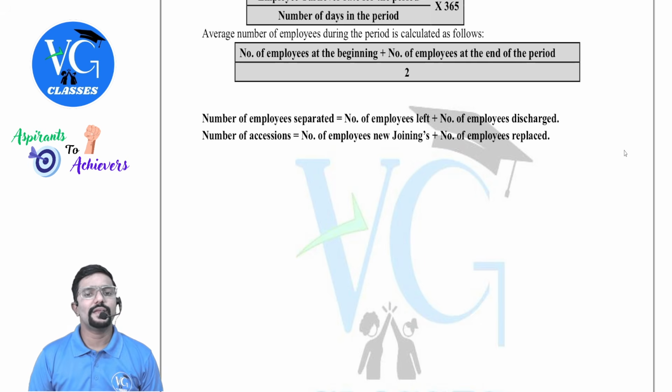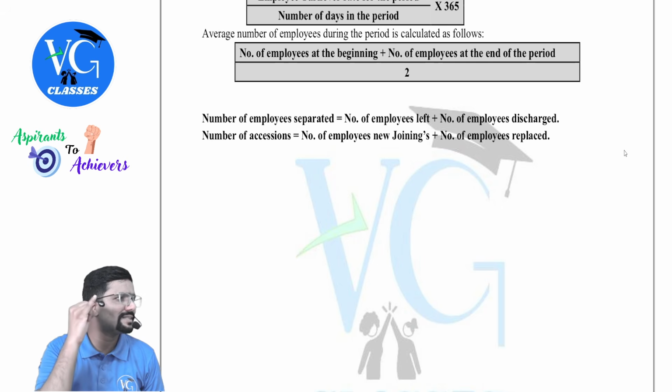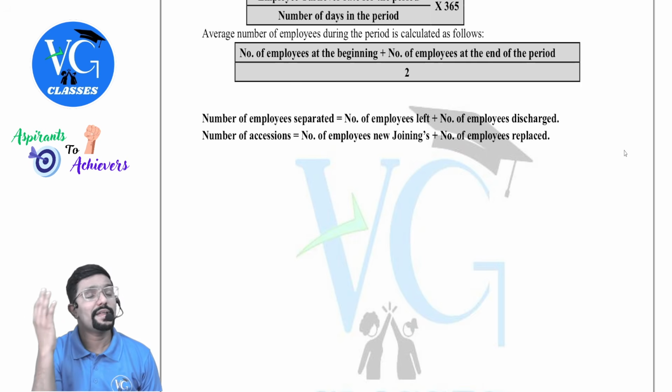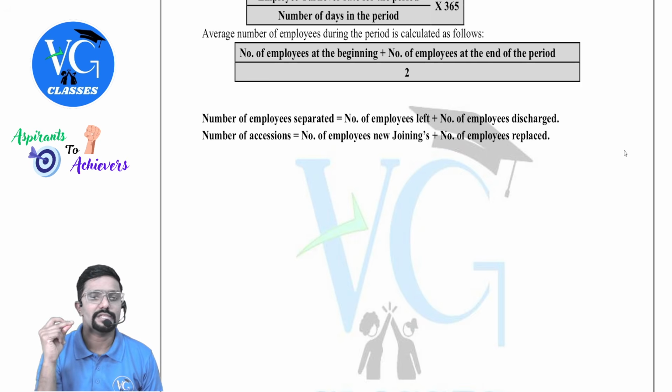Number of employees separated. Number of employees left plus number of employees discharged. Sir, left means employees themselves left, maybe due to personal reasons or avoidable reasons.